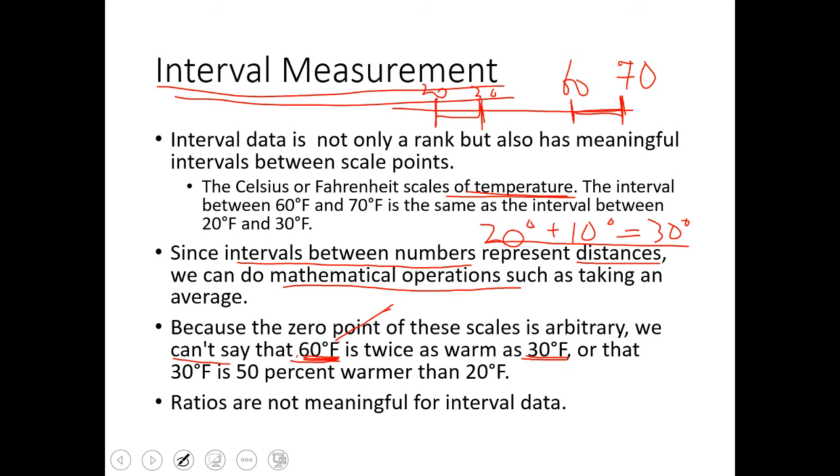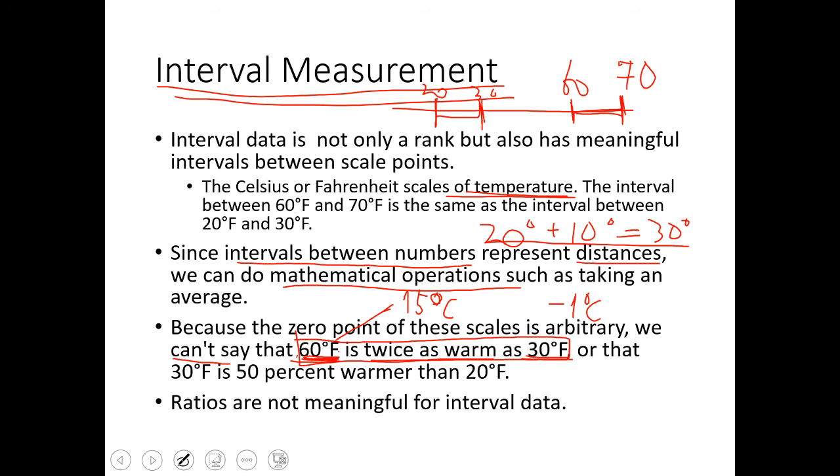It is almost 15 Celsius. And 30 Fahrenheit is almost minus 1 Celsius. If you say that 60 degrees is twice as warm as 30 degrees, it looks meaningful for the Fahrenheit.